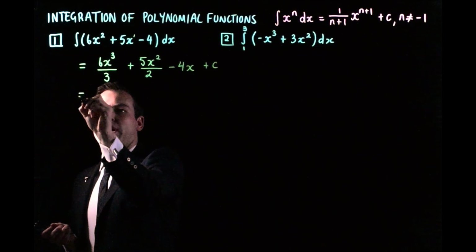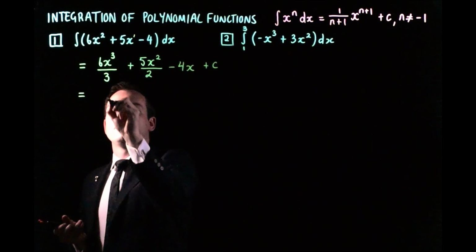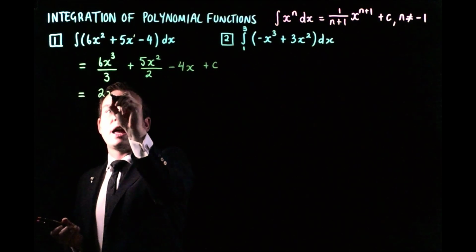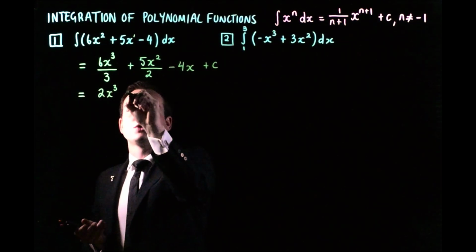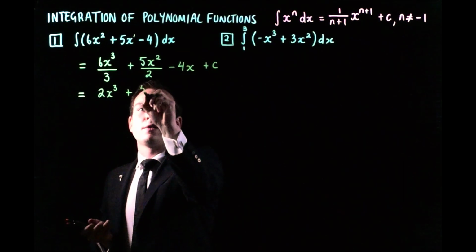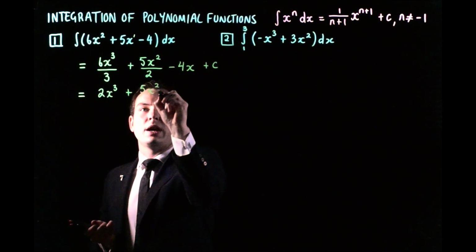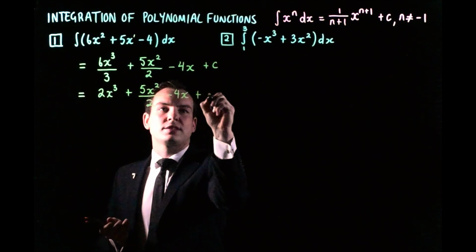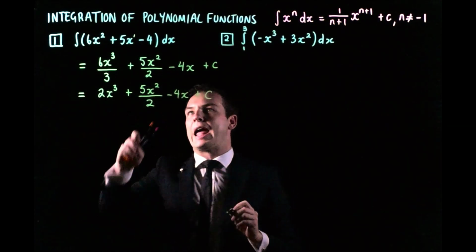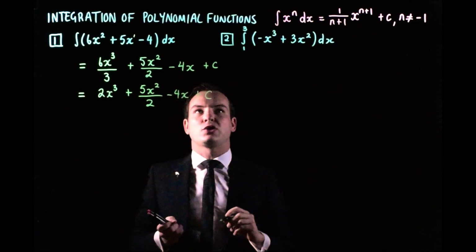So if we simplify that slightly, 6x cubed over 3 is simply 2x cubed, and then plus 5x squared over 2 can't be simplified, so we leave that as 5x squared divided by 2 minus 4x plus c. So that's the answer to the first part of the question.